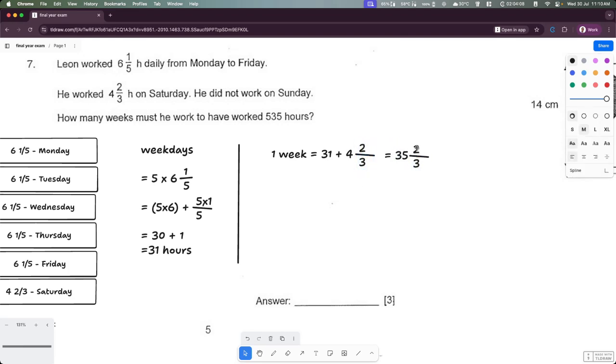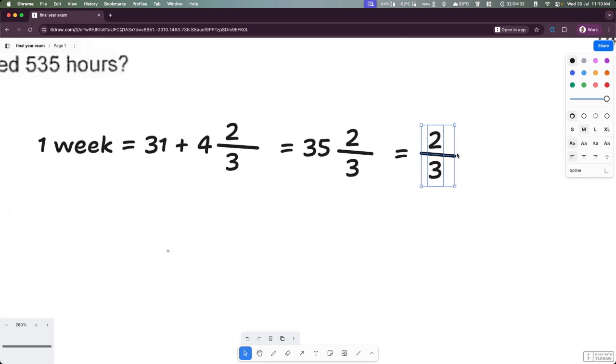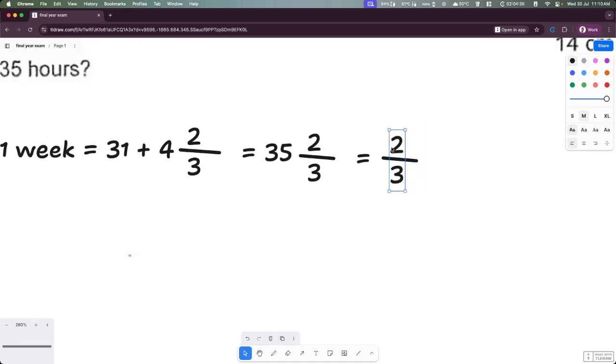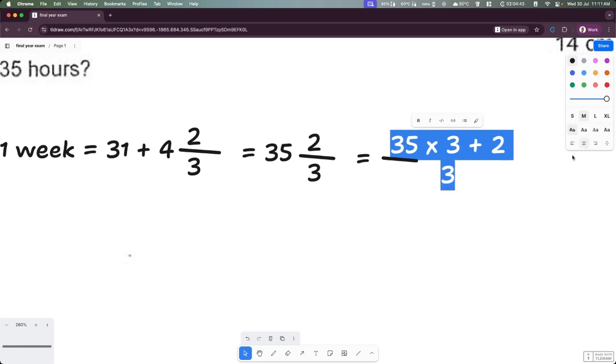Okay, pretty straightforward. So the thing is, we also want to convert this into a mixed number so we can divide it properly, right? In this case, we'll change this to a mixed number. So this 2/3, what I'm going to do is 2/3 over here, and then you have 35 times 3 plus 2, okay, in this case, right?